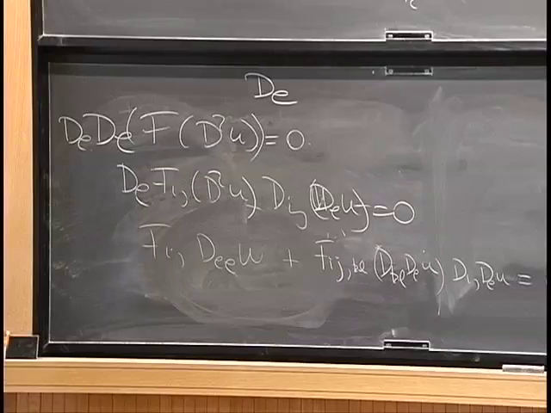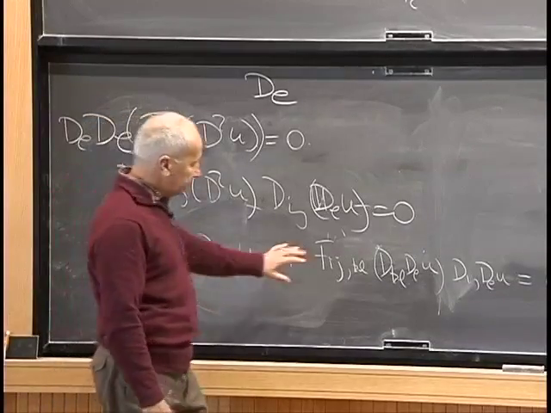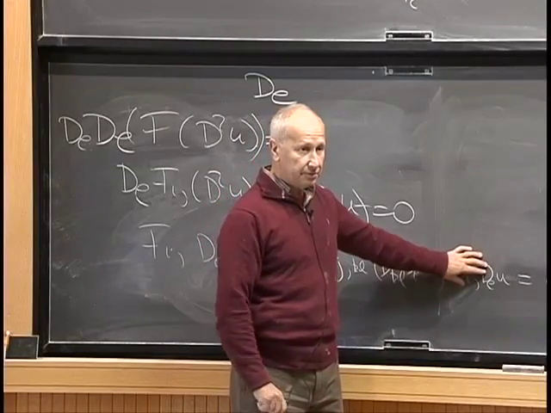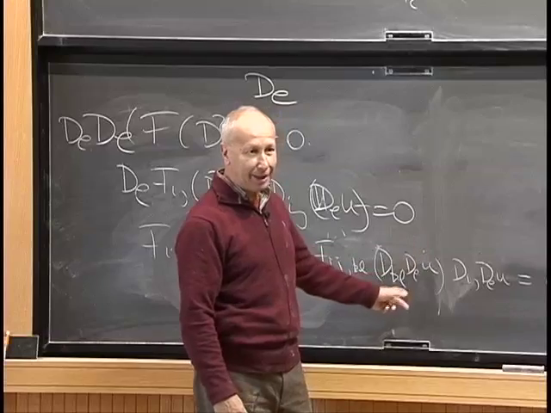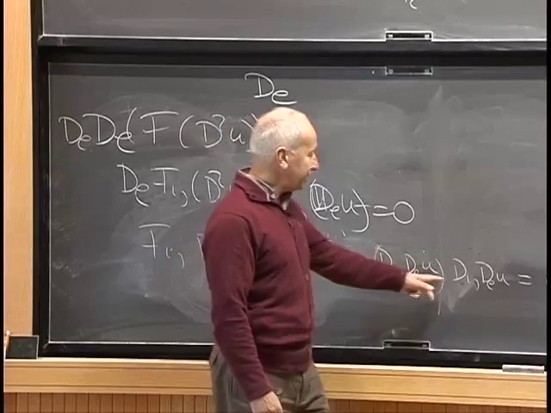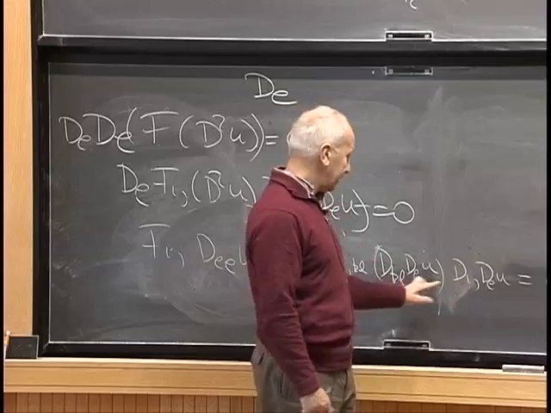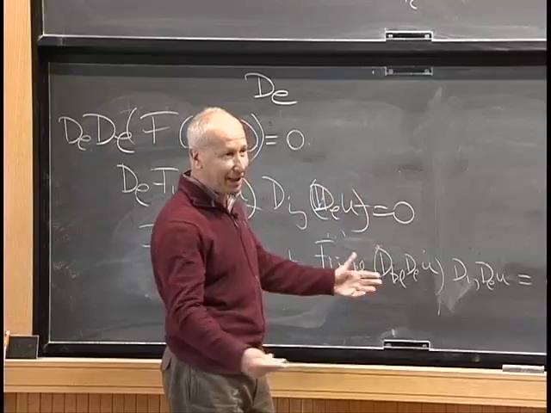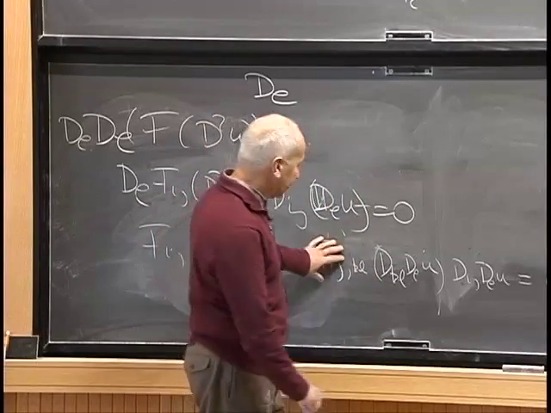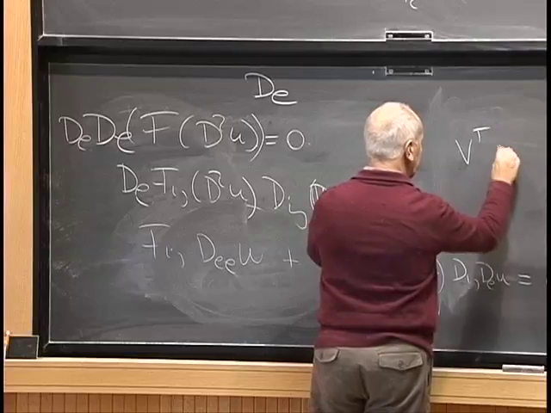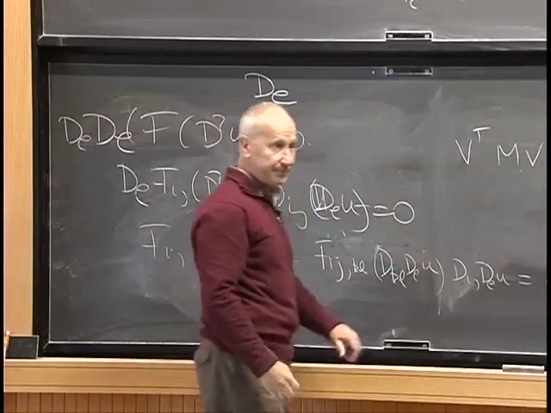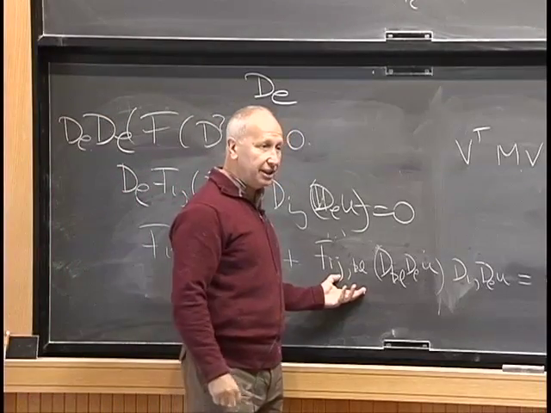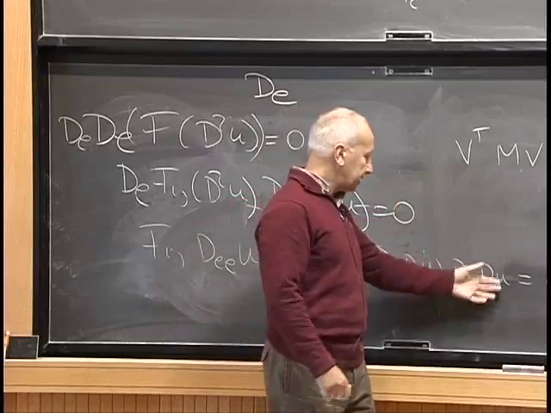In principle, this looks very bad, but at least this thing has the structure of vector, matrix, vector, right? This is a vector in R^{n×n}. This is the same vector in R^{n×n} in the ij and kl indices. And this is a matrix in R^{n²×n²}, right? So it has the structure vector transpose times M times vector. And so if the matrix is positive, then this has a sign.